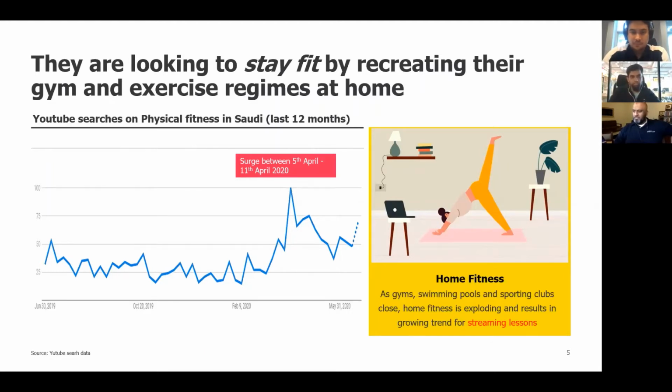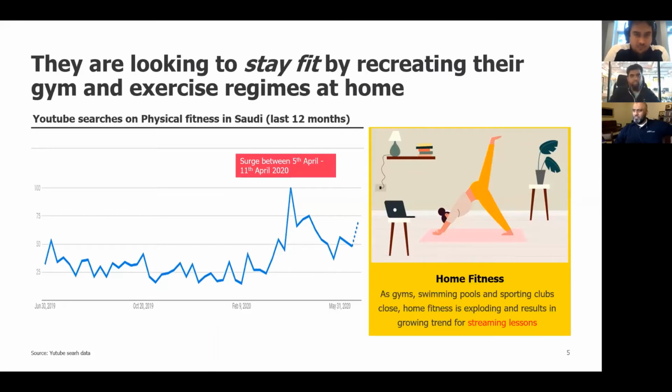So this data shows there was a spike somewhere between March and April, a surge in physical fitness related searches on YouTube, and it still continues even though things have opened now.